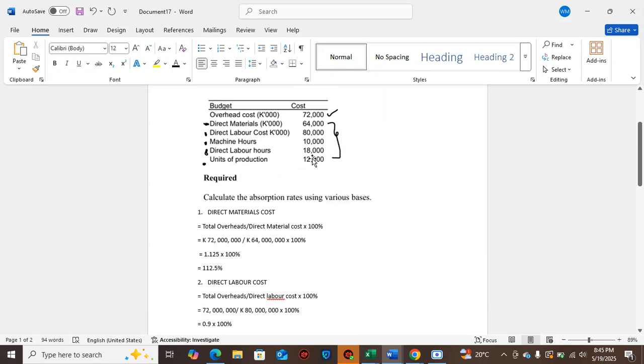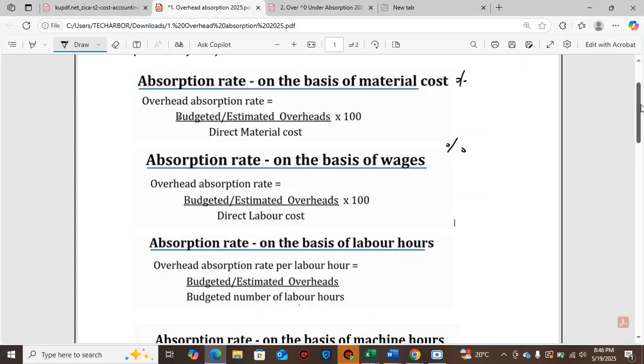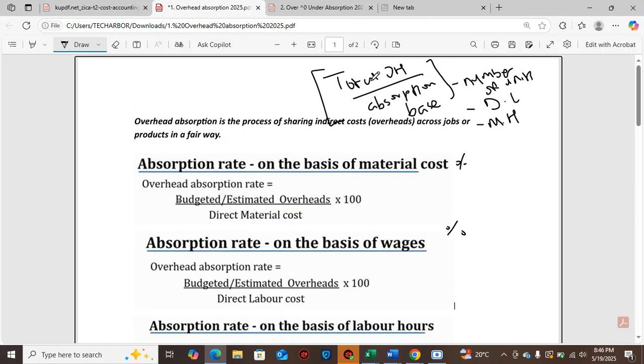The units of production. Again, it's just your total overhead divided by the number of units of production. Remember earlier on when I said this formula, total overheads over absorption base?